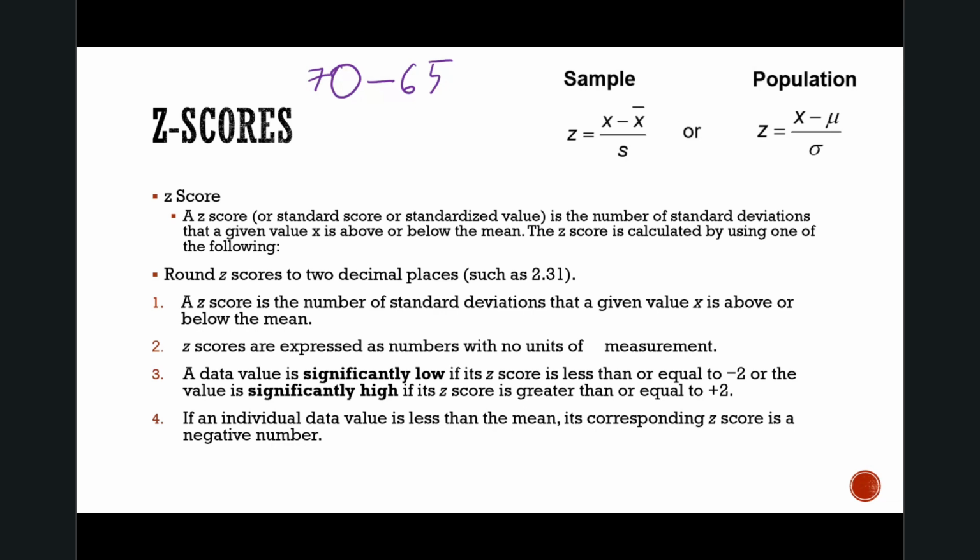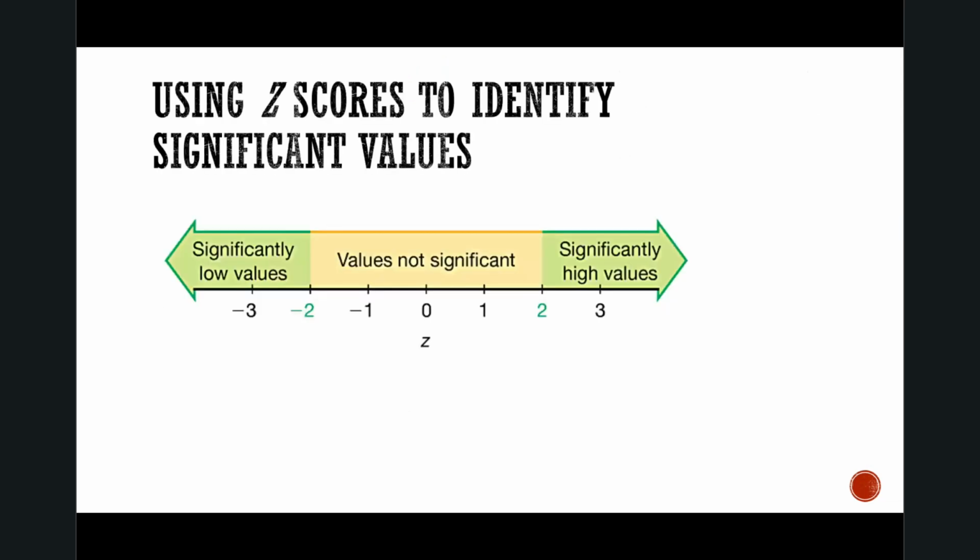Okay, so here's a diagram. As we said, what percentage of people were within 2 standard deviations of the mean? That was the mythical, important 95%. Does that sound familiar?